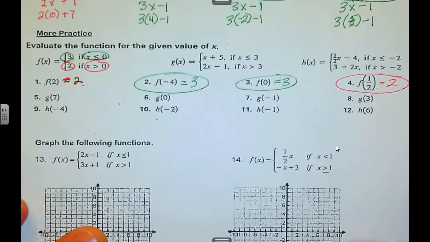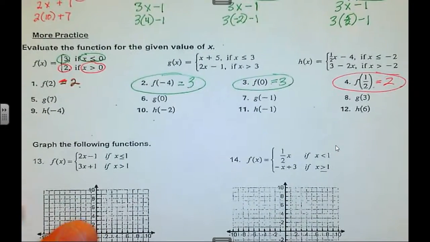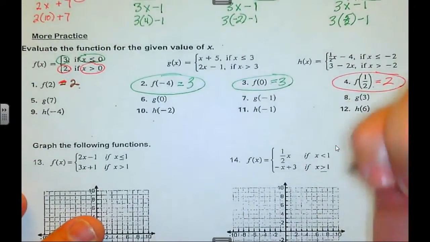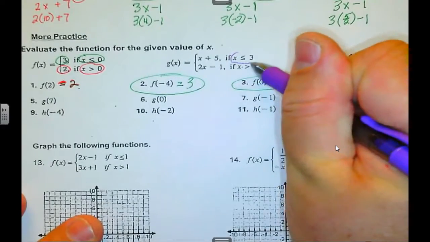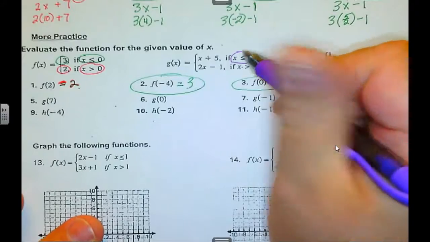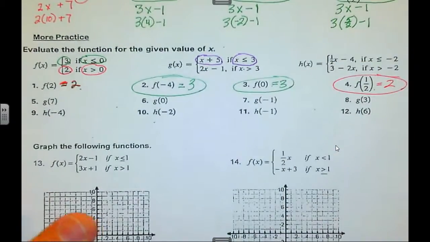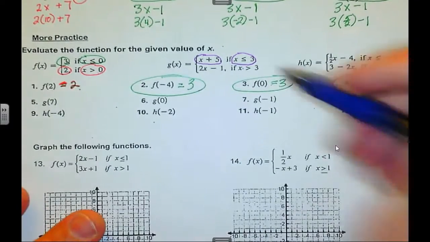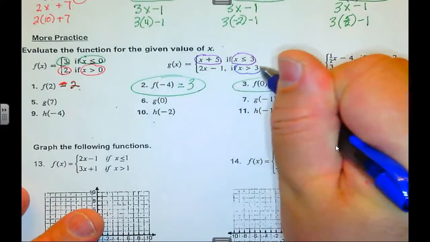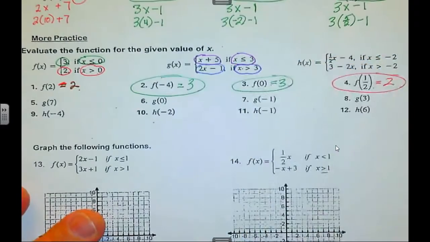Okay. Now, number 5 starts the g of x. Let me use 2 different colors. Here's my restriction. If it's less than or equal to 3, my algebraic expression is x plus 5. Now I'm going to have to compute, right? If it's greater than 3, then I use the algebraic expression 2x minus 1.